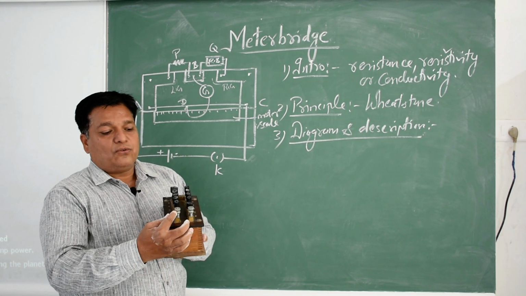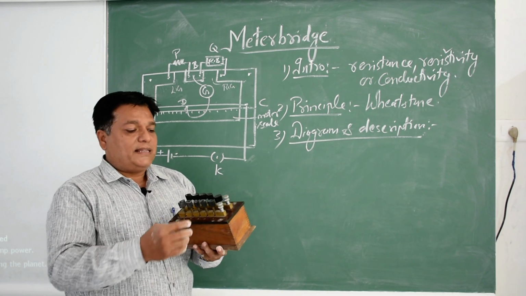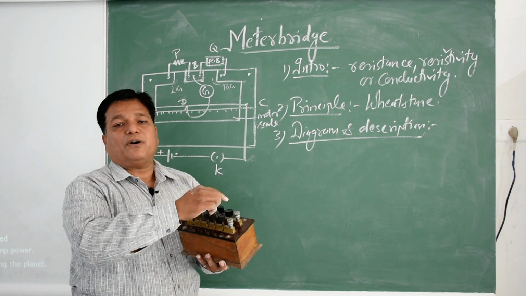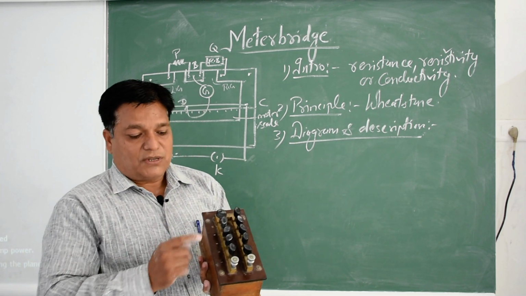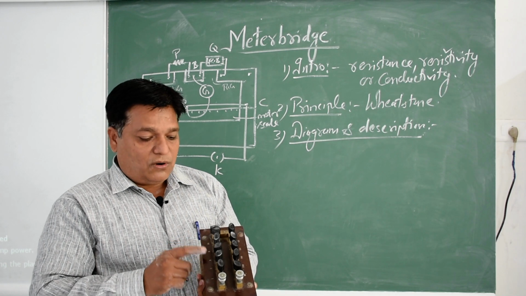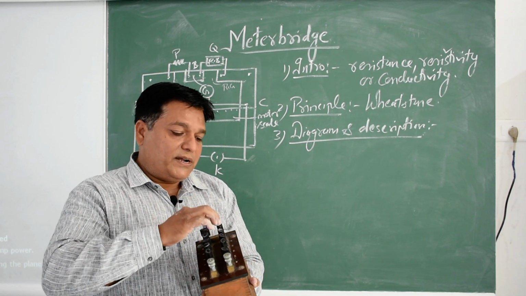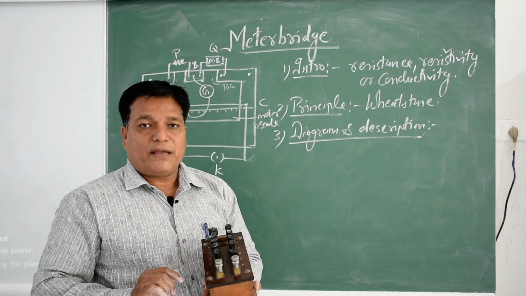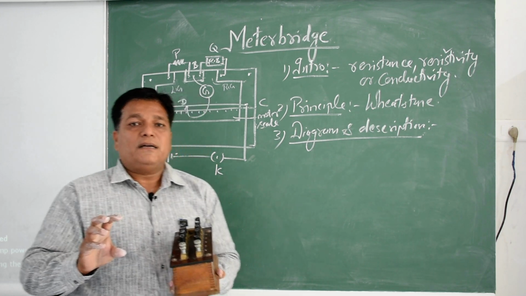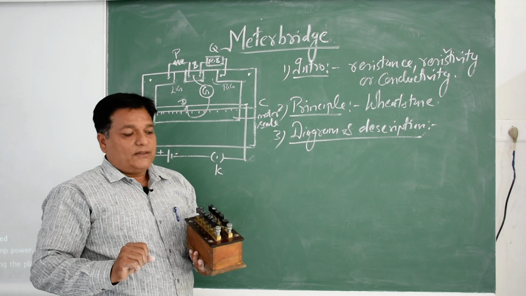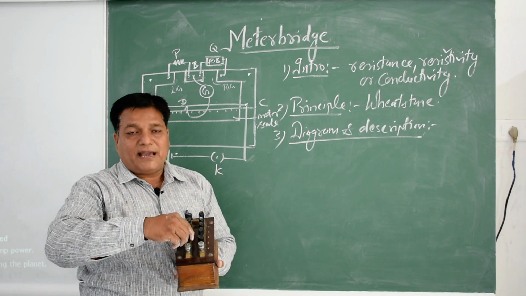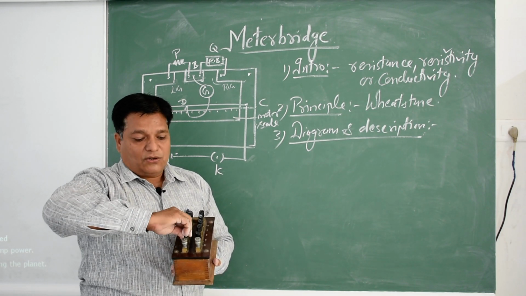These are the two terminals of the resistance box, and there are some keys over the resistance box, and different keys have different values: 1 ohm, 2 ohm, 5 ohm, 10 ohm, here 20 ohm, 50 ohm, 100 ohm. If we want to apply the appropriate resistance in the circuit, we can take out any one key, suppose the 1 ohm key.